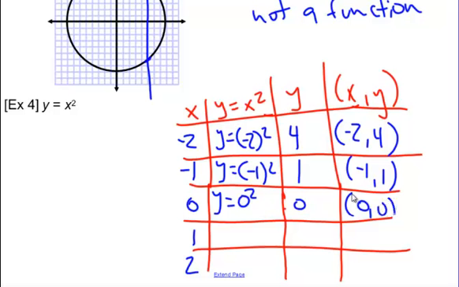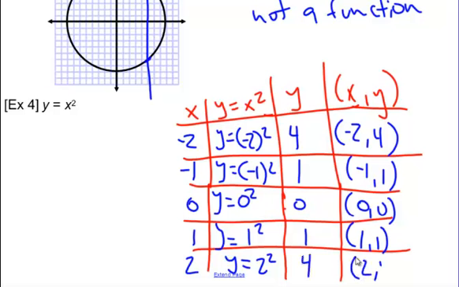So that'd be 0, 0. And then y equals 1 squared. 1 times 1 is 1, so 1, 1. And then y equals 2 squared, which is 4, so 2, 4. So we have our points here.